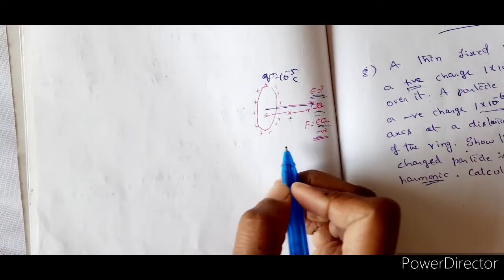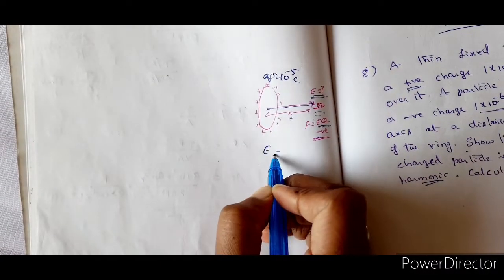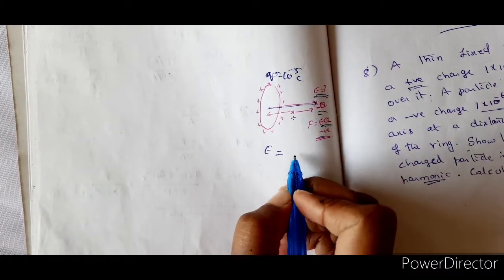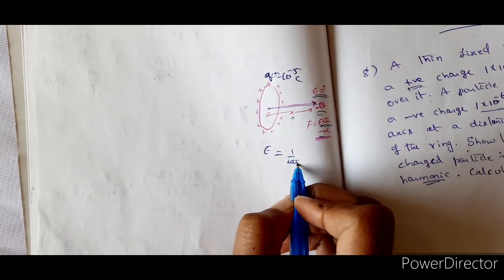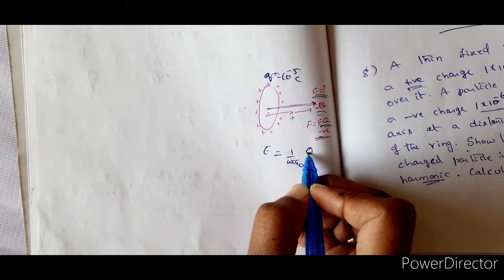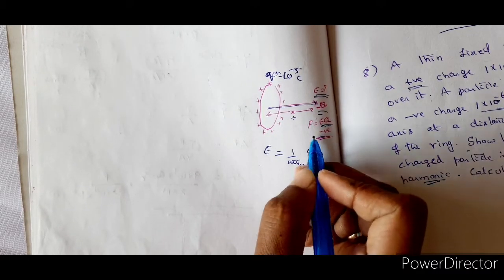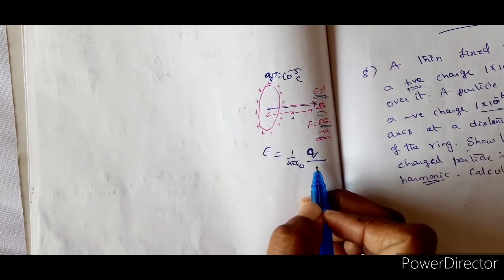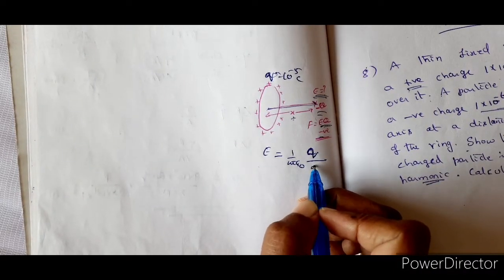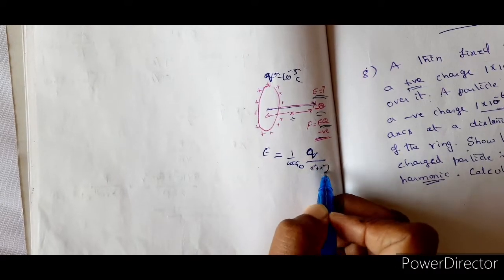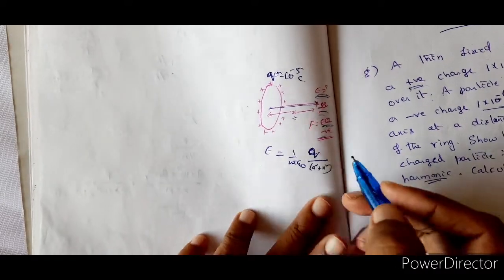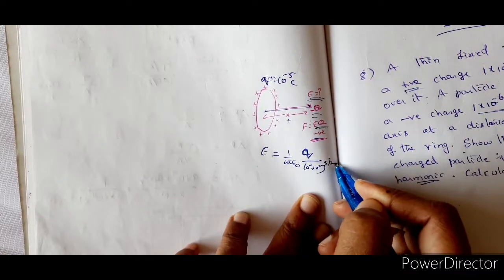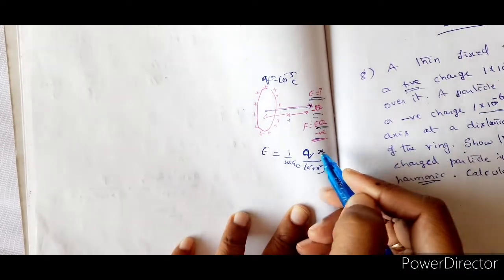Electric field strength is equal to 1 by 4 pi epsilon naught Q, sorry, small q, by a square plus x square whole power 3 by 2, into x.